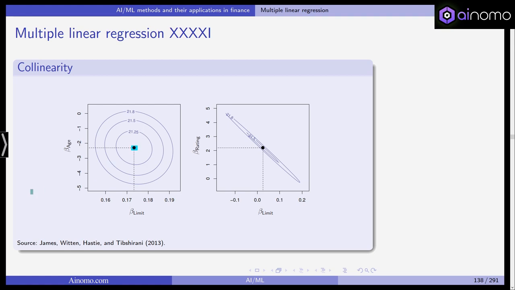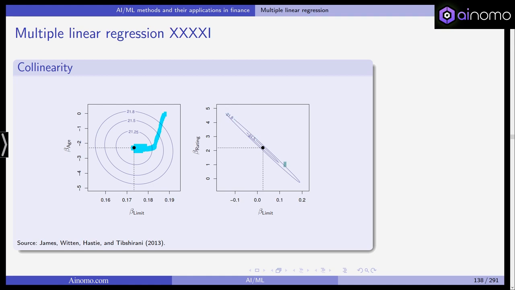These contour plots are the ones for the RSS. Remember, we are minimizing the RSS. If you start out here with the optimization algorithm, it's quite simple to find this point, because this is the point where the RSS becomes minimal.